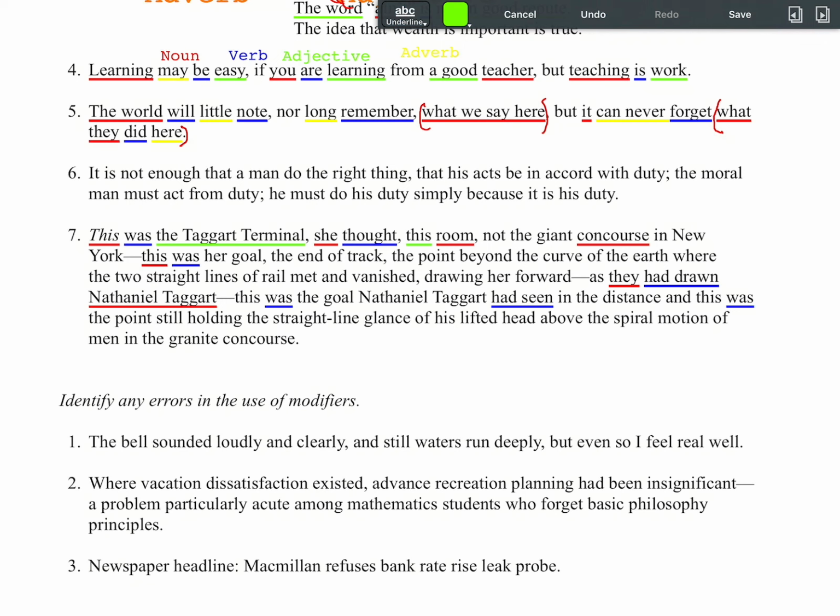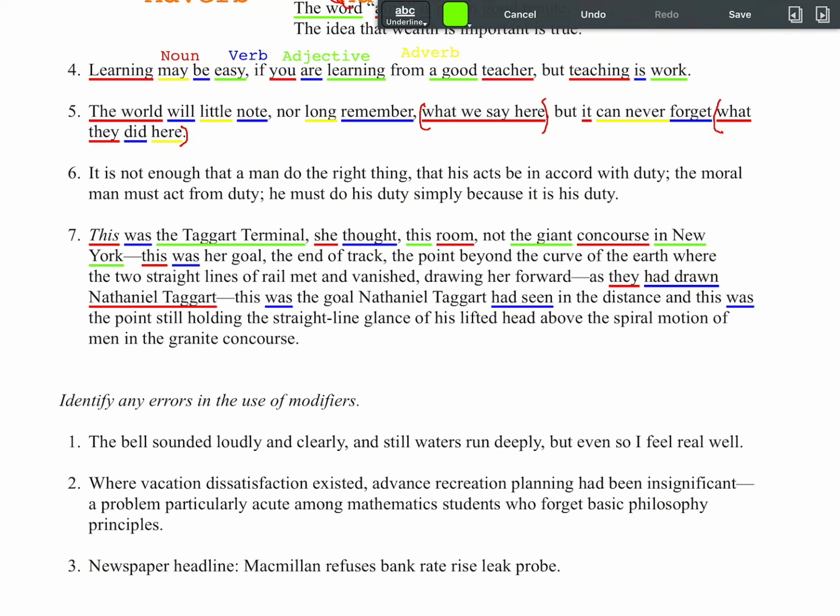So "to this room," which one? Like the giant concourse? "In New York" tells us where the concourse is. "Her goal" is the complement.